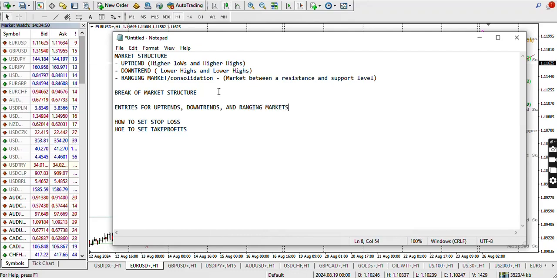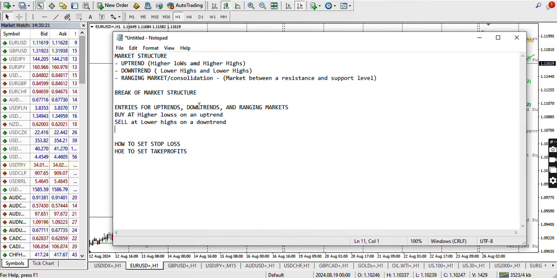So I said buy at higher lows on an uptrend, sell at lower highs on a downtrend.